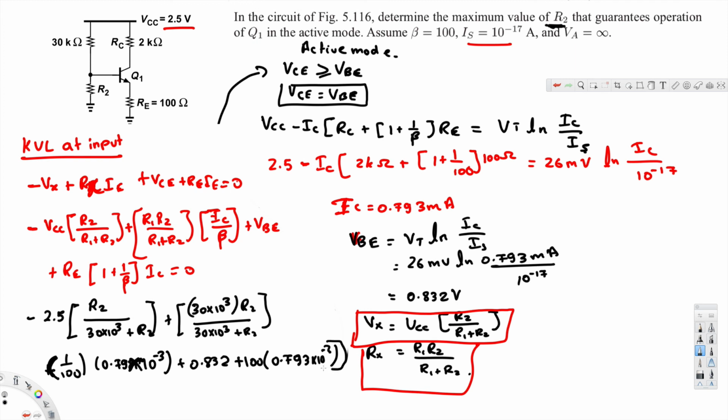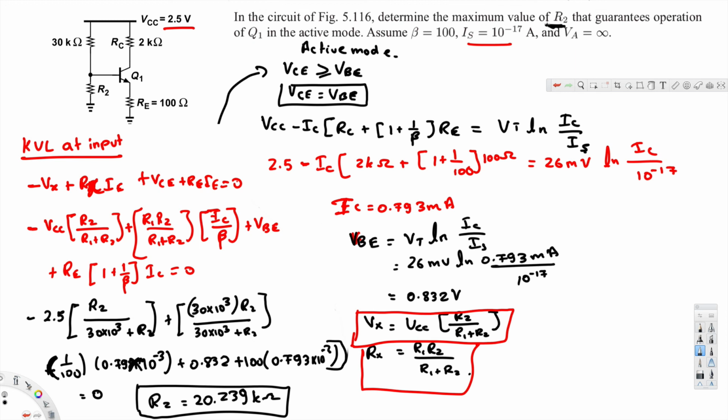The whole thing is equal to 0. And if we solve for R2, we will end up with 20.239 kilo ohm. And that's our resistance R2, and that's what the question is asking for.